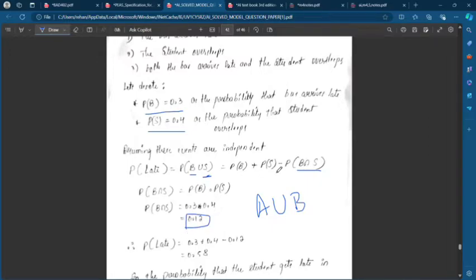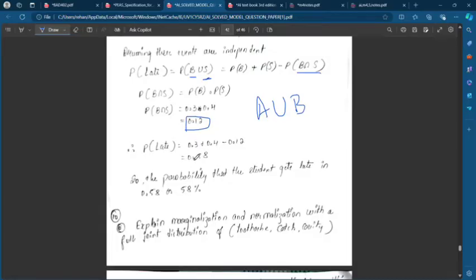Then P of B and P of S, you know that already, 0.3 and 0.4. So you are adding here this P of B, then this P of S, minus the intersection term.